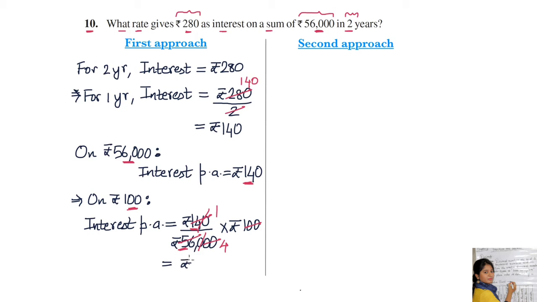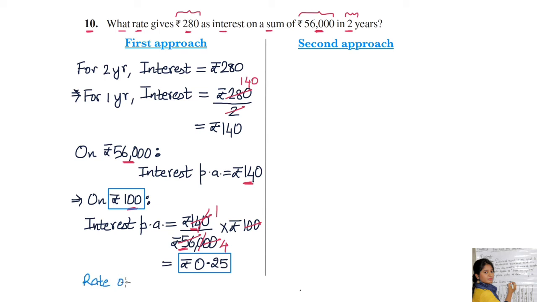It means that interest per annum made is rupees 0.25. We will divide 1 by 4. I hope you have understood. Using this approach we have solved this question. So on rupees 100 we have found that rupees 0.25 interest per annum has been made.